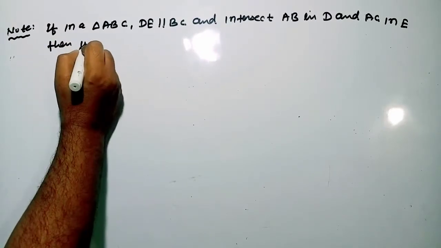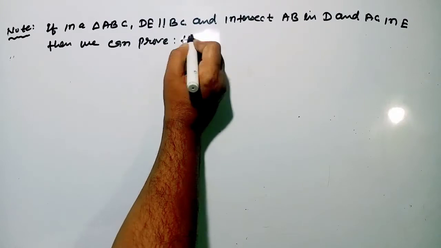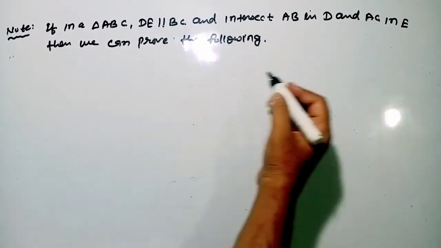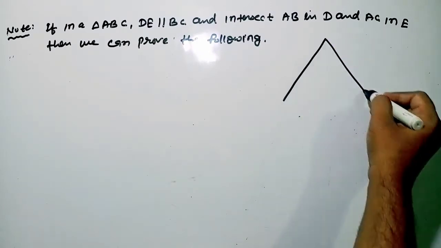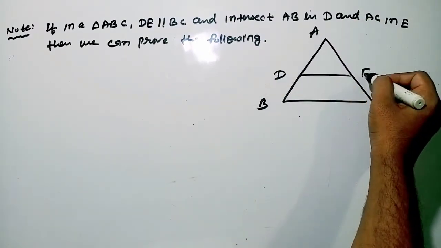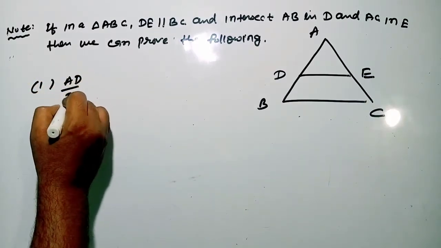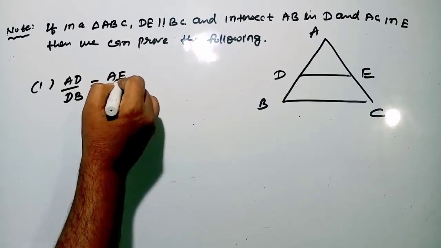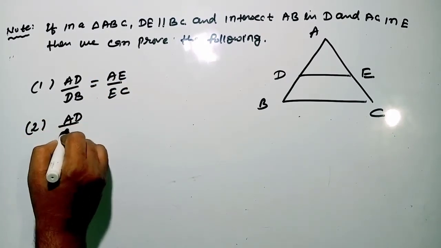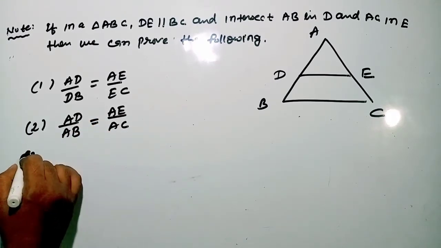Earlier we studied that in a triangle ABC, if DE is parallel to BC and intersects AB in D and AC in E, then we can prove the following results. First, AD upon DB is equal to AE upon EC. Second, AD upon AB is equal to AE upon AC.